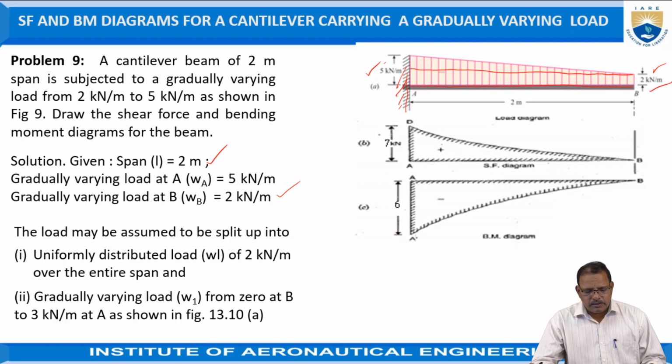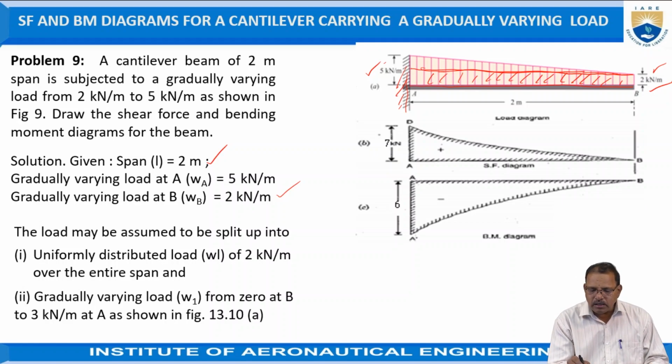This load may be assumed to be split into a uniformly distributed load of 2 kilonewton per meter, because here if you draw the lines, this load is called uniformly distributed load. It is equal to 2 kilonewton per meter, and the gradually varying load is given here. If out of 5 you remove 2, the remaining is 3.